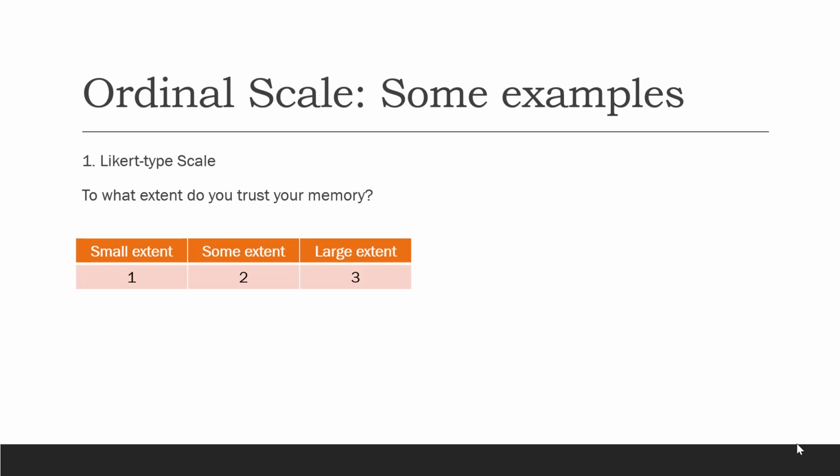However, there's proximity or similarity between a true Likert scale and a Likert type scale like this one, simply because the gap between small extent and some extent is not really the same as the gap between some extent and large extent.